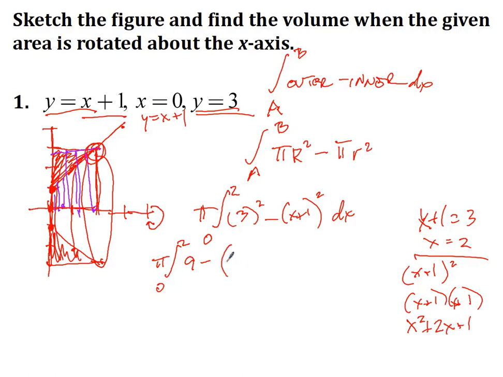So you have to put that in the parentheses because this negative is going to distribute to each one of these. Okay, so x plus 1 quantity squared is x squared plus 2x plus 1. And this is going to simplify out to 9 minus x squared minus 2x minus 1.